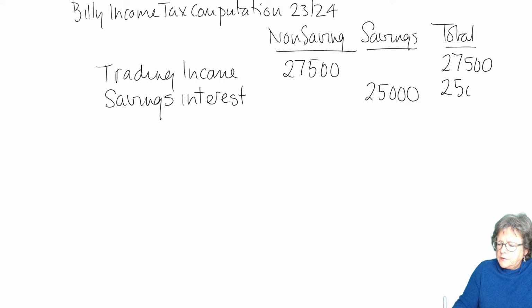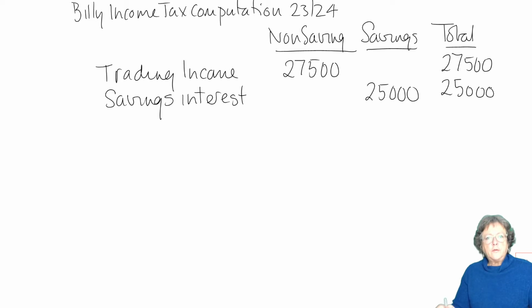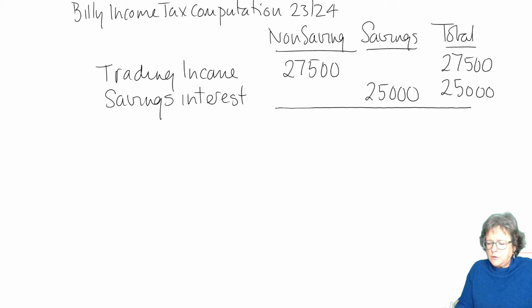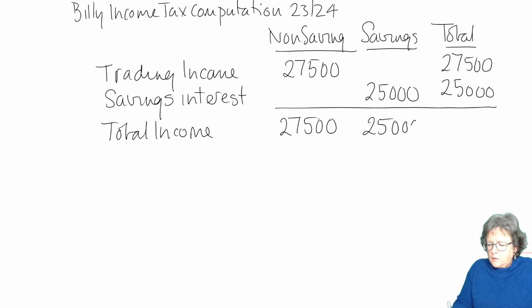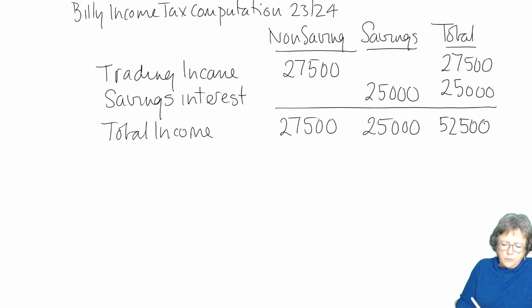As you progress in your tax studies, you will get to do this in one column, but for the time being, we're just going to do it in 3 columns because that's what TX expects. So this is our total income. Always double check all your maths, please, as we found out in example number 1.